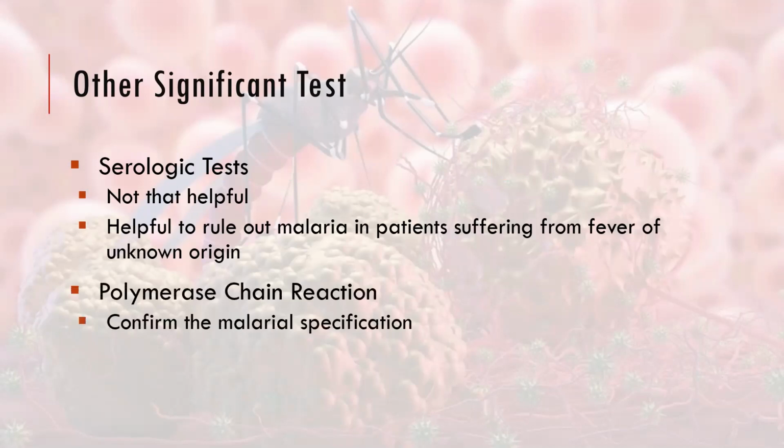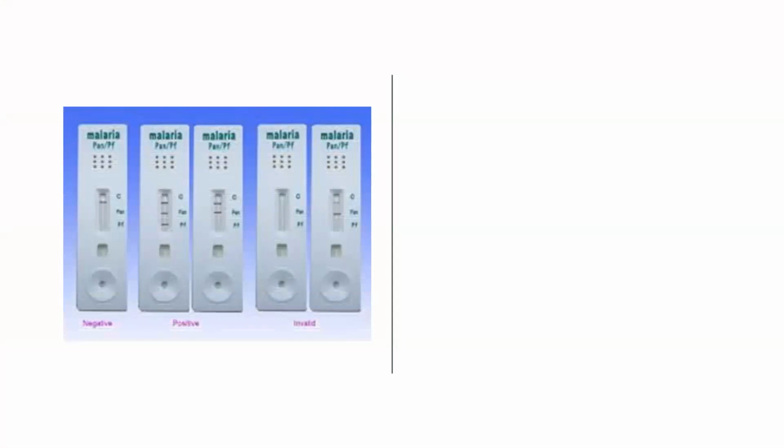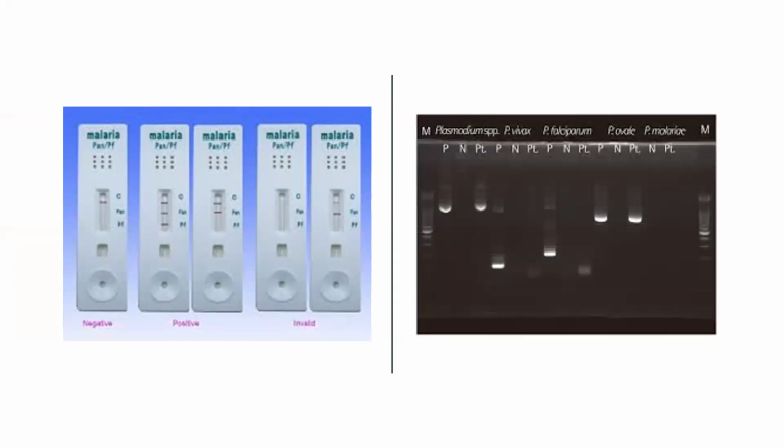Polymerase chain reaction to confirm the malarial speciation. Ito kasi yung ating rapid test kit for malaria, almost the same principle with your pregnancy test kit. This is now the polymerase chain reaction for the speciation of the malarial parasite.